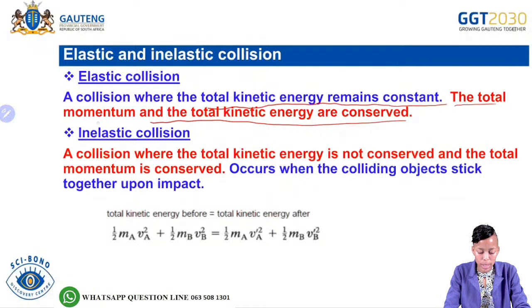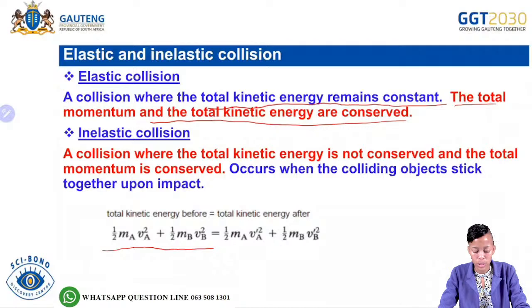The total momentum before the collision would be equal to the total momentum after the collision. And the total kinetic energy is conserved, meaning the total kinetic energy before the collision would be equal to the total kinetic energy after the collision.